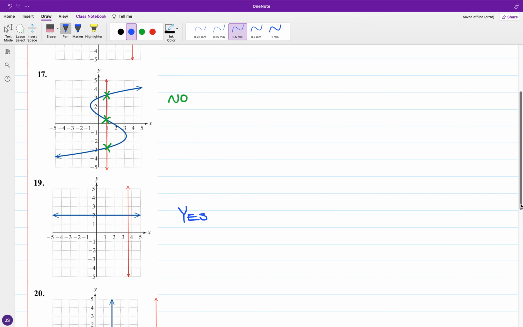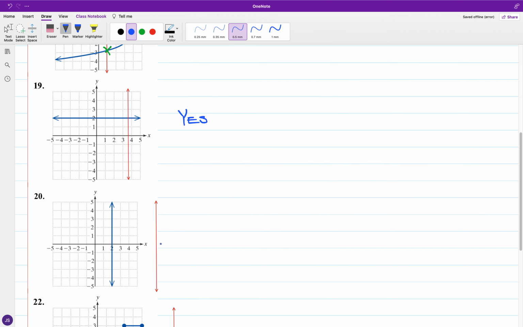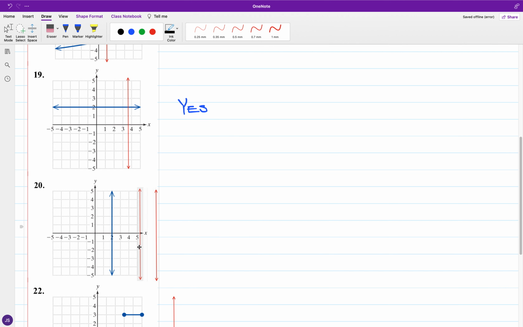For number 20, applying the vertical line test, the graph itself is a vertical line, x is equal to 2, and you have an infinite number of points of intersection.